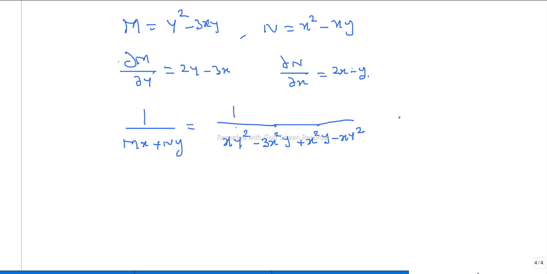Yes, so we are correct, but maybe they don't bother about this factor. So you can cancel this. We have minus 2x square y. Therefore, 1 by x square y is the integrating factor.